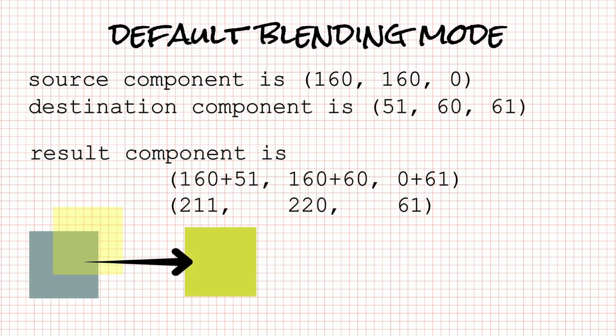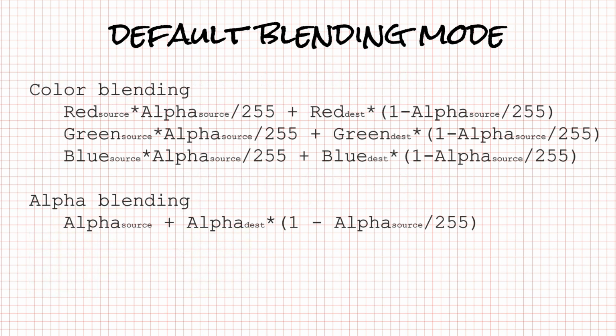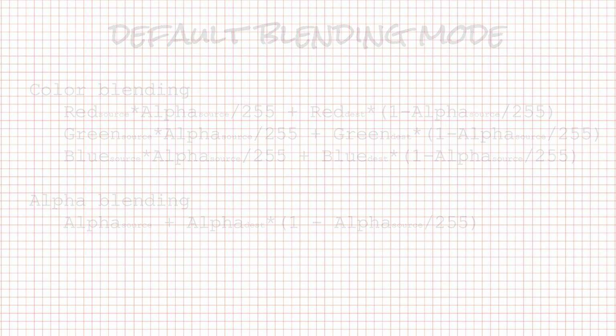That resulting pixel will be a blend of the source and destination pixels if the source alpha was less than 255. The alphas are also blended according to a slightly different formula. We add the source alpha to the destination alpha multiplied by 1 minus the normalized source alpha. Let's look at an example with illustrations.